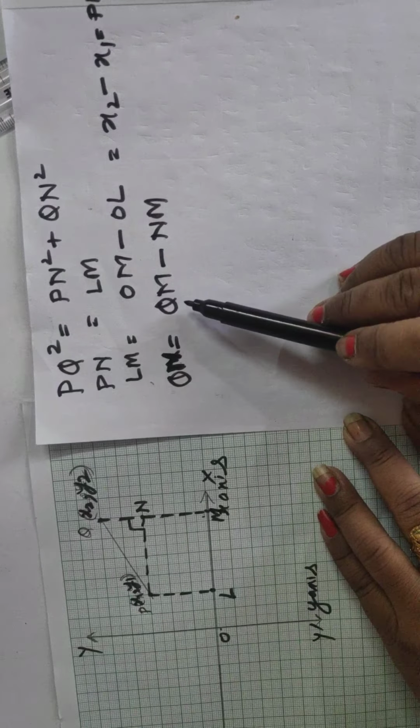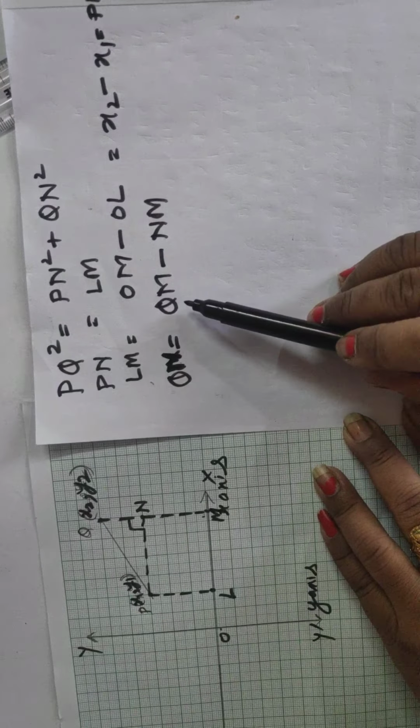Clear? Now we are going to put the values in the Pythagoras theorem. PQ square is equal to PN square, that is x2 minus x1 whole square, plus QN, that is y2 minus y1 whole square. Now what is the final value of PQ?